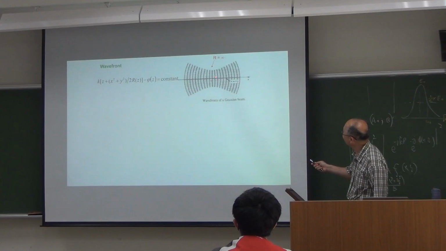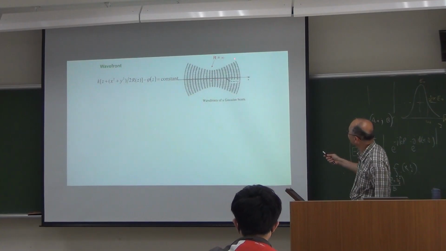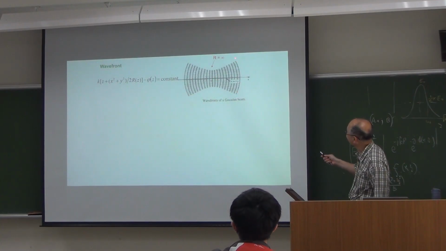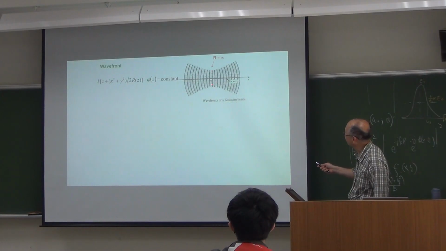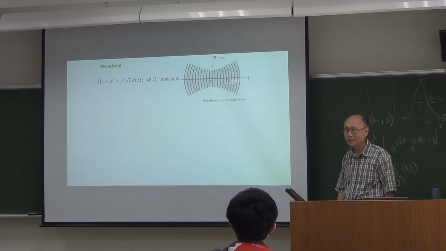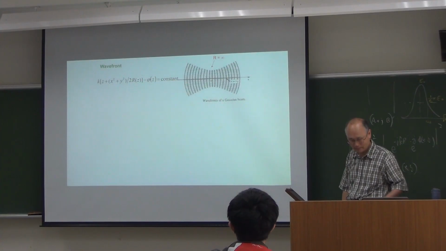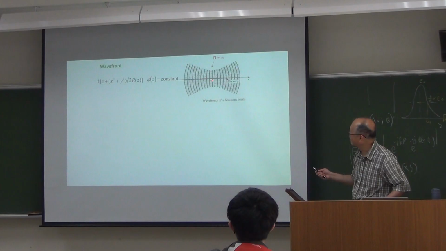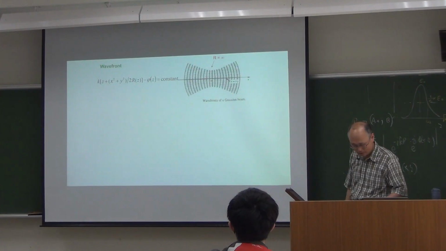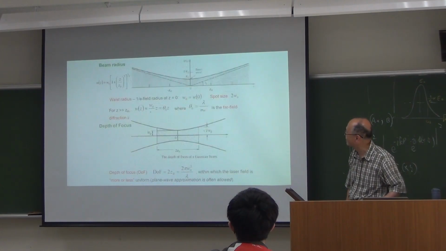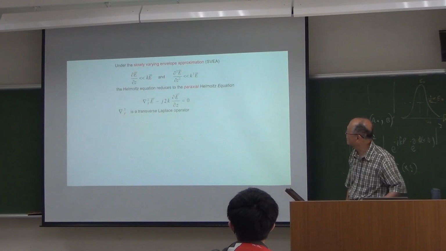When this wave propagates to a long distance, it is going to appear like a spherical wave or plane wave. But at the center, you also have a plane wave-like wavefront. So this is what it means. So this is a Gaussian laser beam. Okay. So at this location, the plane wave solution is still valid. I need to go back.